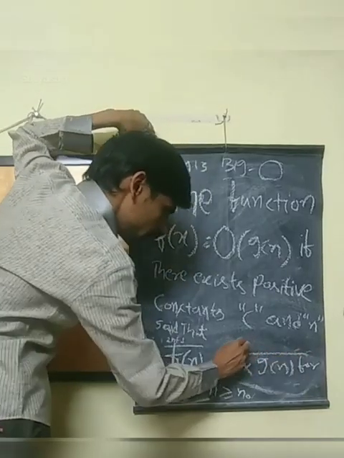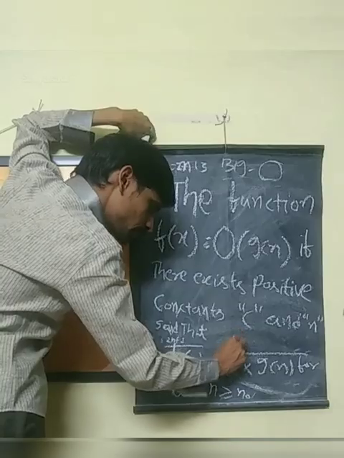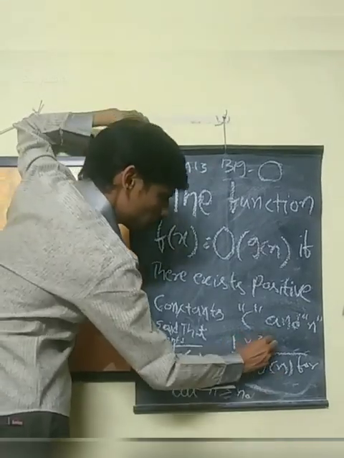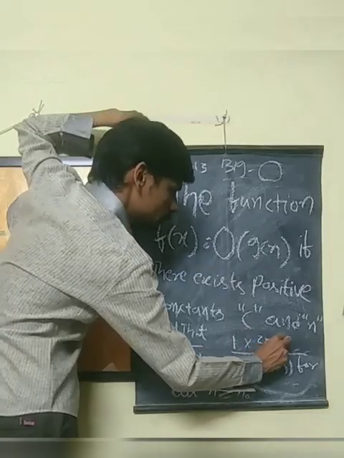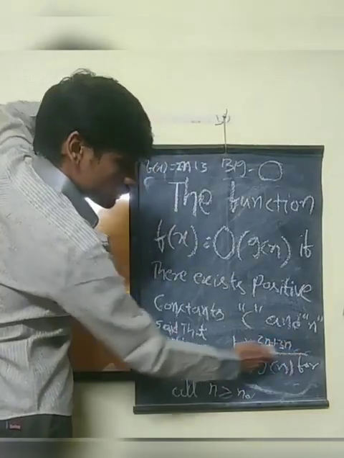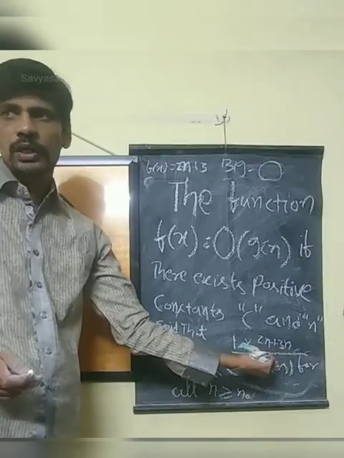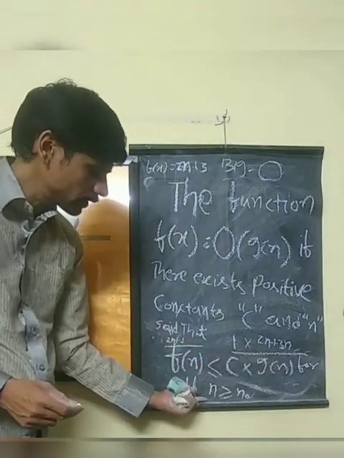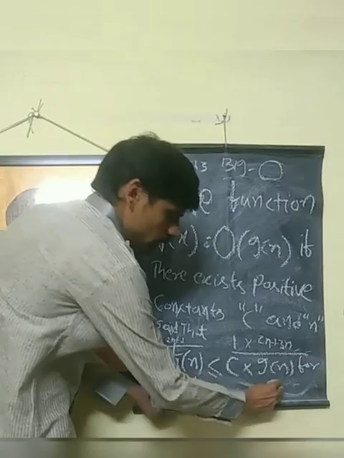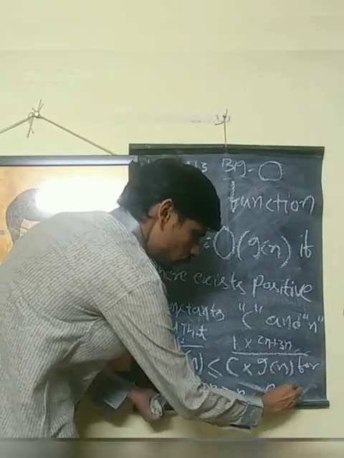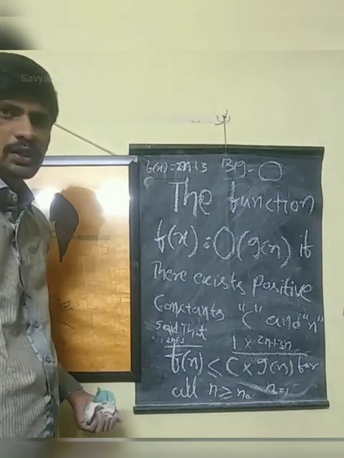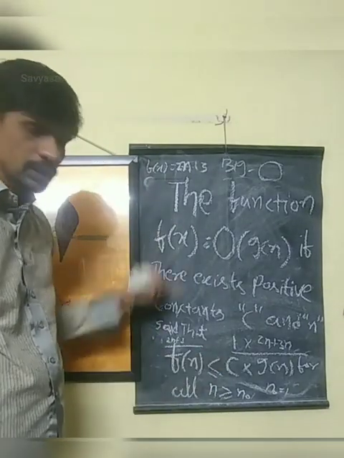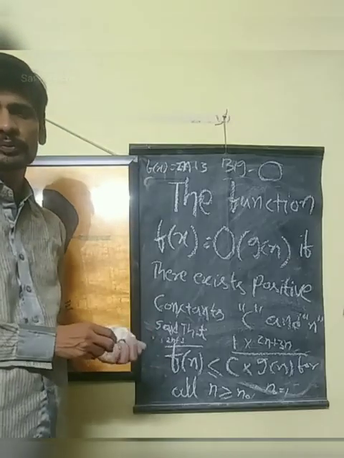So this is C. In our example, we gave one constant, one. g of n is 2n plus 3n. This is what we took as an example to satisfy this condition, for n greater than n0. In our case, n0 is what? 1. Right? So this is the definition of big O notation.